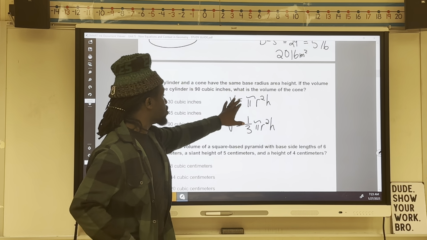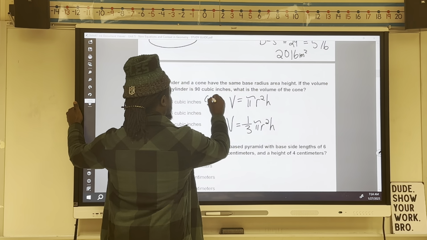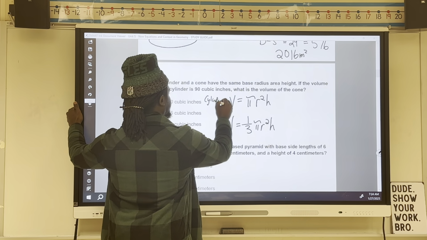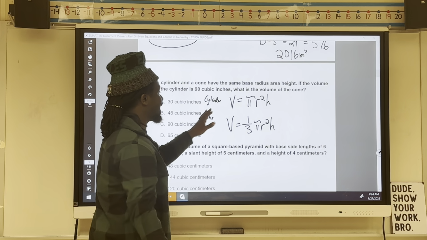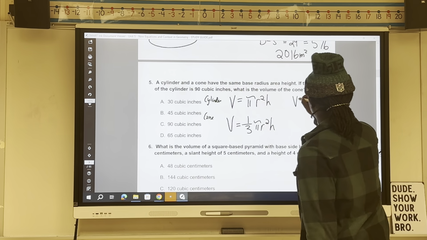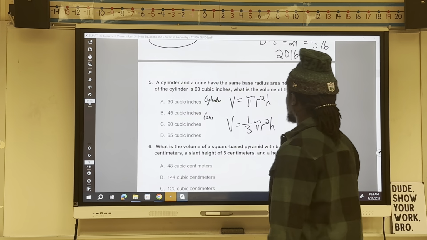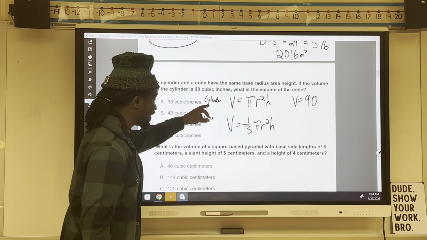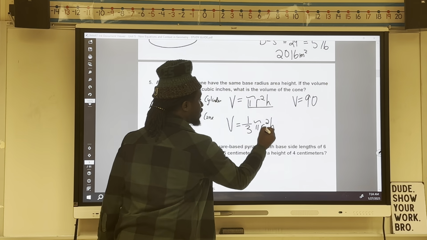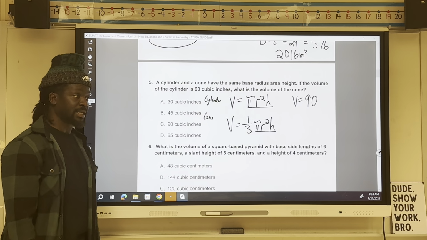So if I know, again, this is the cylinder, and this is the cone, and the volume of the cylinder is 90, what that means is I know what this part of the formula is.